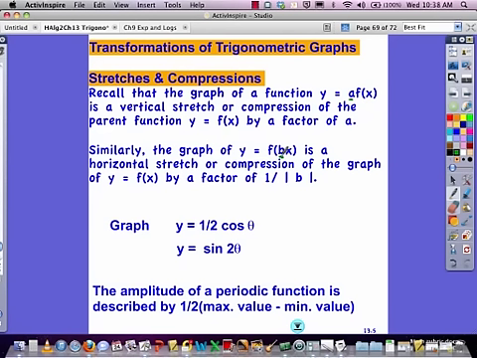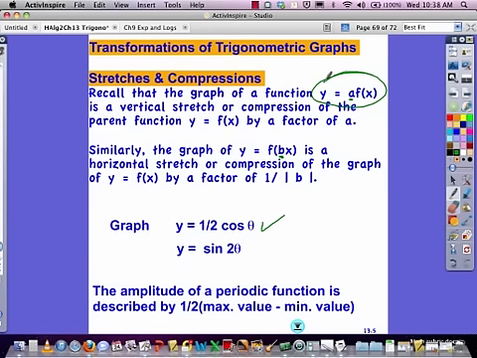So if we say graph down here, y equals 1/2 the cosine of theta, you have to be looking at what's outside of it. So that would be related to the vertical stretch or compression. So if it says 1/2, 1/2 is going to be a compression.